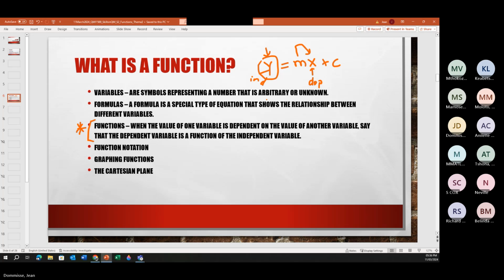Then there are certain other things around functions that we will look at. We will look at how to write y equal to mx plus c. We will look at graphing it, but you won't need to graph something.